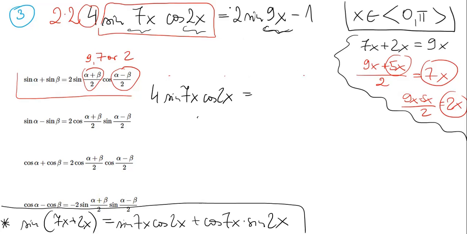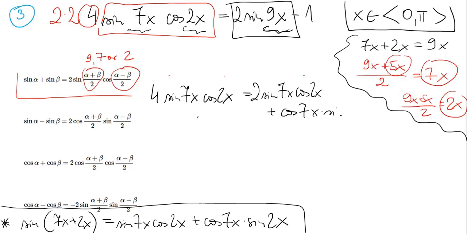Okay, and I will quickly erase this just to show you how you could use the second formula down here. We will get exactly to the same point, sine 5x equals negative 1/2, and then the end is exactly the same.